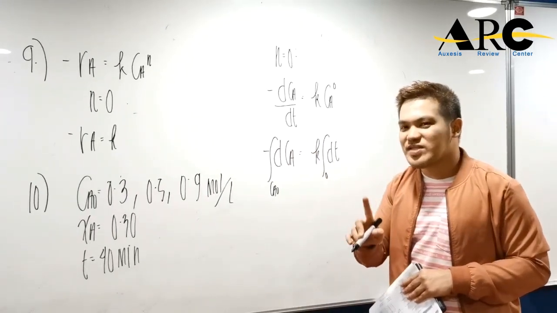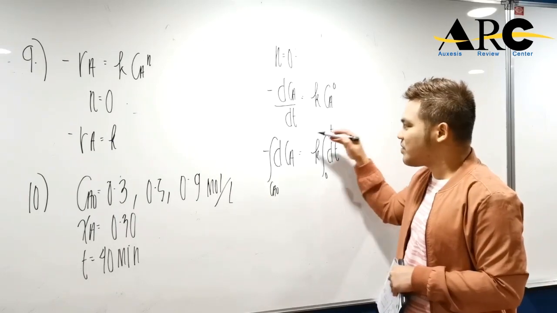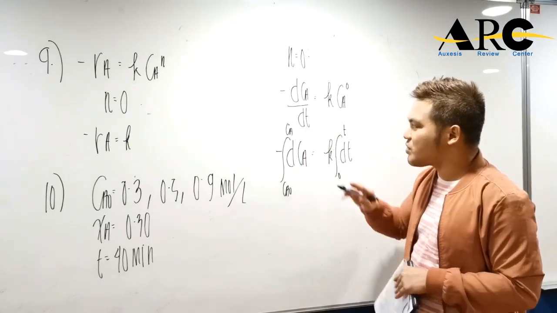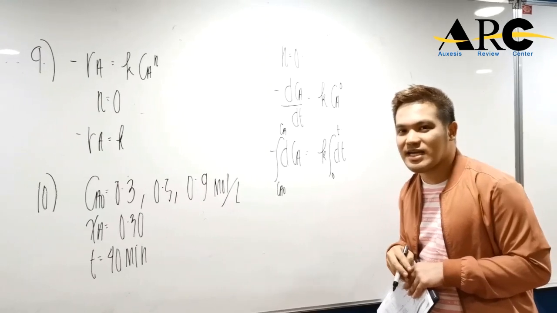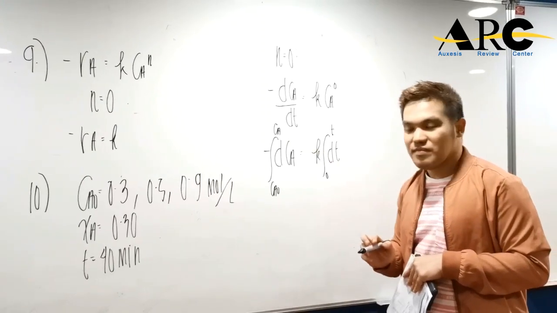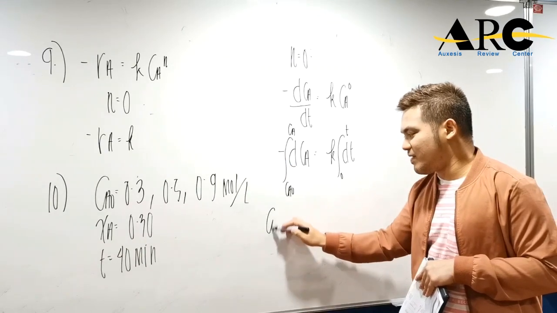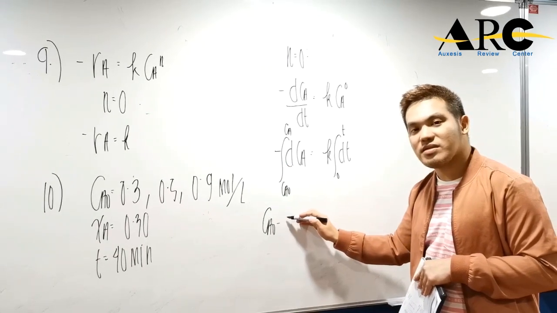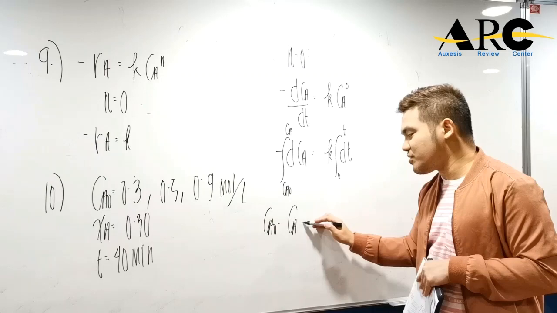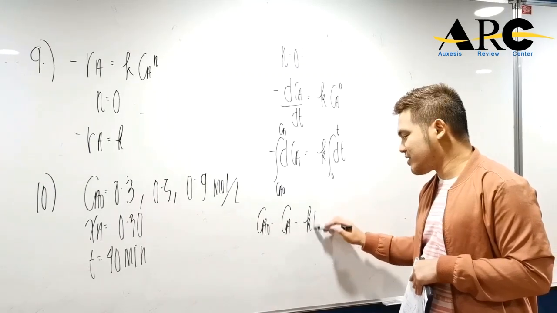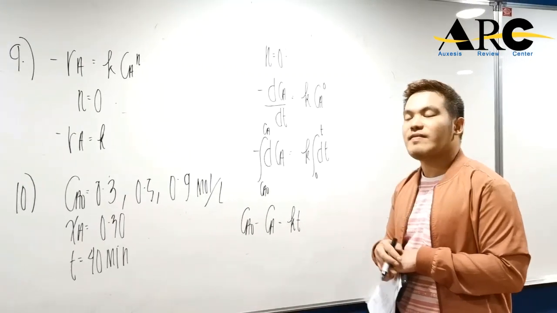Nagbabago yung CA with respect to time. So at any time t, ang concentration natin ay CA. Kapag in-integrate natin yan, may negative dito, balik na rin lang natin yung limits. So initial concentration minus final concentration is kt.